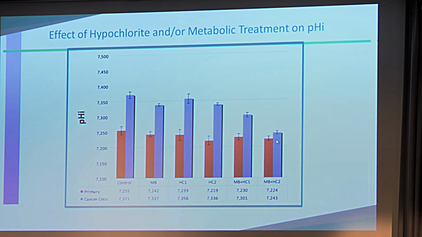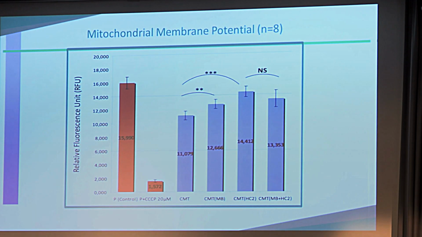When you do a combination of both, you decrease the pH. And when the pH goes below 7.2, the cell cannot divide. The same with the mitochondrial potential. If you use either the metablock, so the combination of metabolic treatment that we discovered, or hypochlorite, you increase the mitochondrial transmembrane potential.